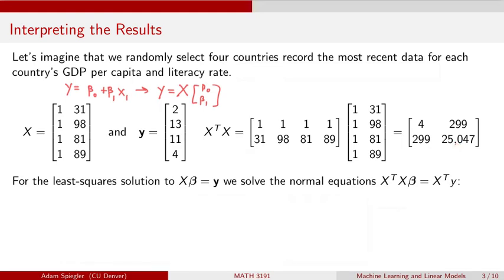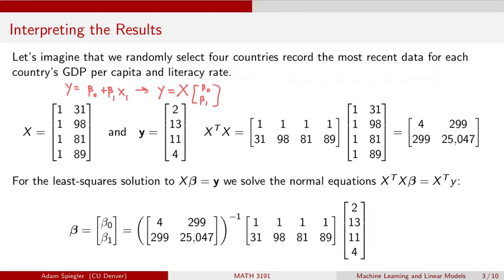So we can solve for beta now by multiplying both sides of this equation by the inverse of X transpose X. Here was the product of X transpose X, and now we take the inverse of that matrix times X transpose times y.